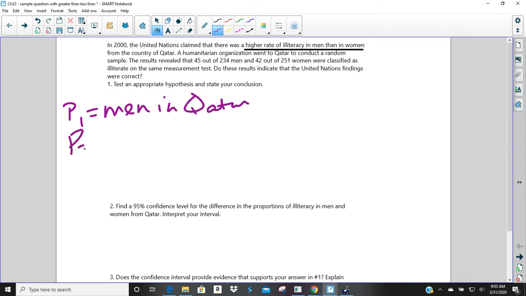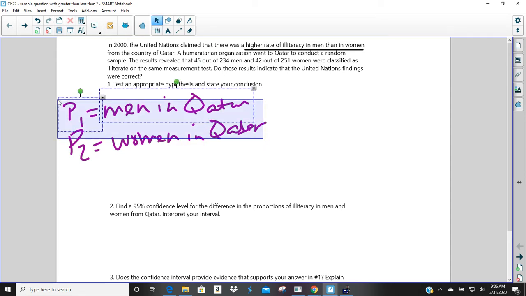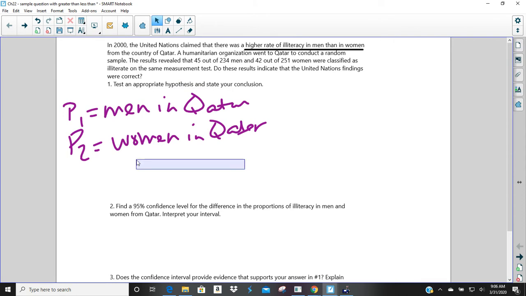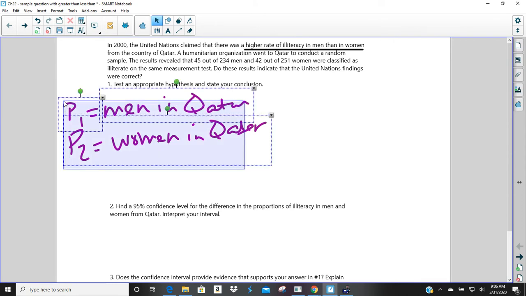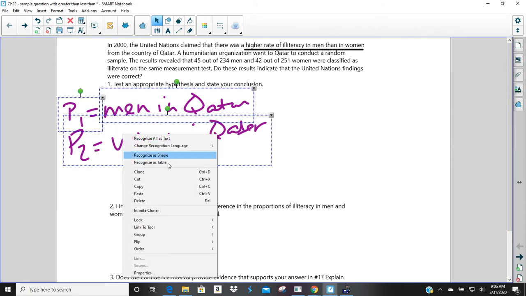And P2 in this case is going to be women in Qatar. It'll help me get my thoughts together as far as what I need to have first. It's certainly saying that the rate is higher in men than women. So we're going to have that as our rate being bigger for that one.